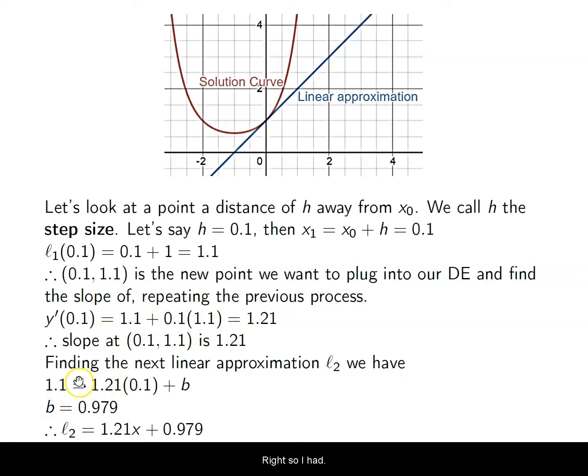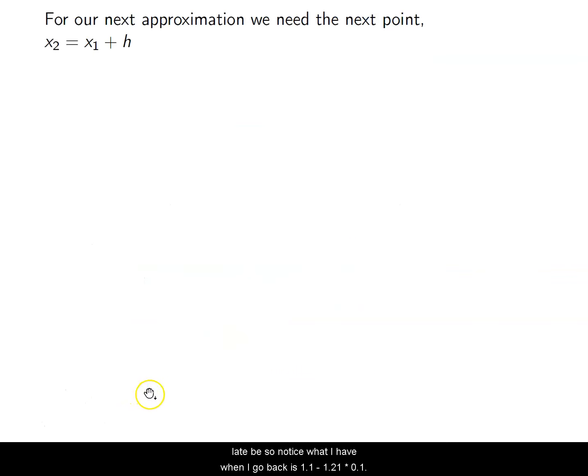So I had y equals mx plus b, and that's how I found 0.979. So in order to find b, what I did was I took this and I subtracted from it 1.21 times 0.1. And that's how I get 0.979, right? You isolate b. So notice what I have when I go back is 1.1 minus 1.21 times 0.1.